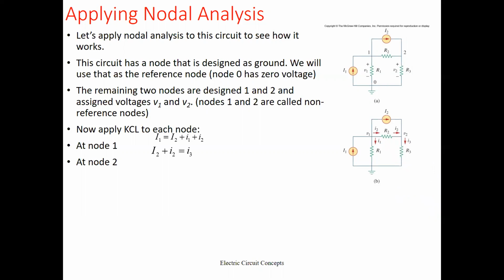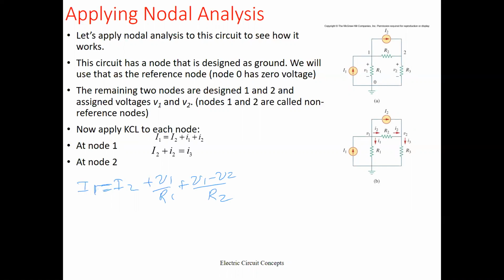Okay, for the first equation, I1 equal to I2 plus I2 lowercase. Here I1 we said is V1 over R1, plus I2, which we said is V1 minus V2 over R2.